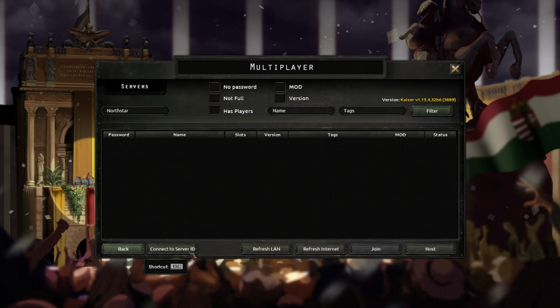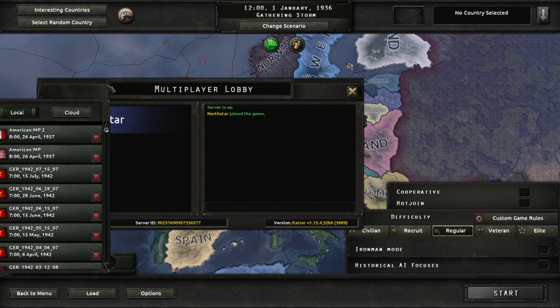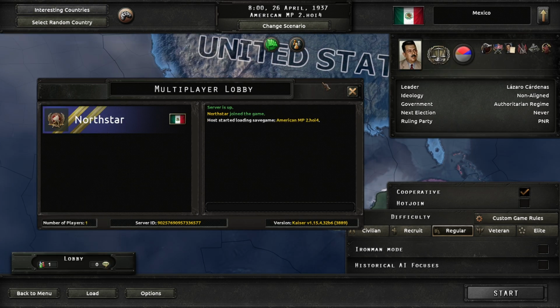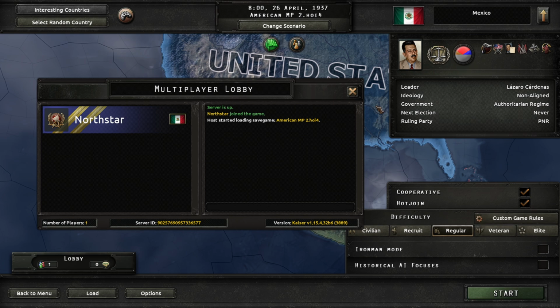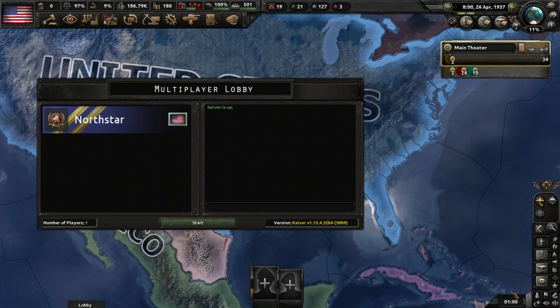Hold on. I think I set the password wrong. All right. Core host load. Boom. Yeah, I forgot to load up the right save, so don't join that. That's more like it.